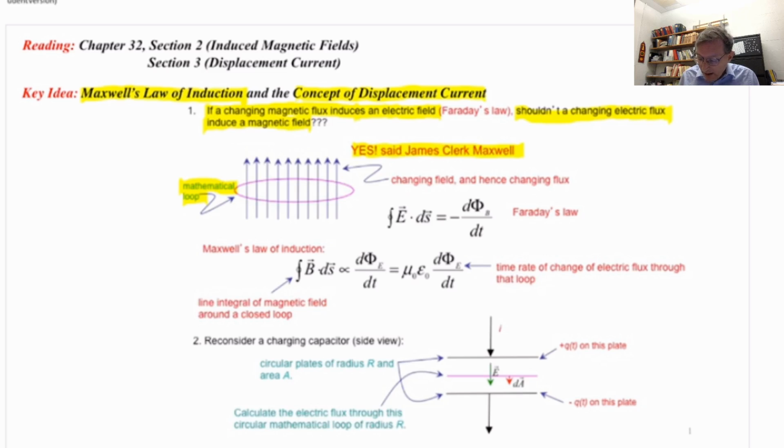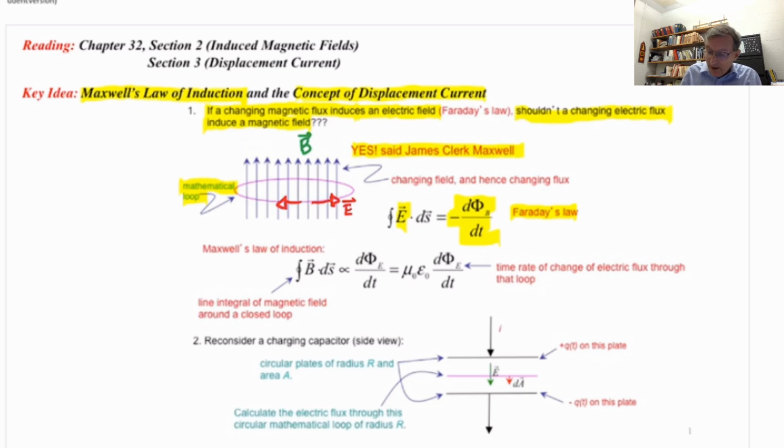In the Faraday's law case, if this is a magnetic field, B, piercing the interior of the loop, then it'll be a magnetic flux. And if that's changing with time, d phi sub B dt, you'll have an induced electric field around the perimeter, either one way or the other, depending upon whether the flux is increasing or decreasing.